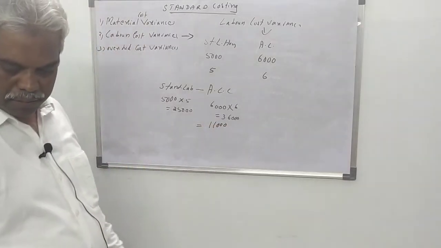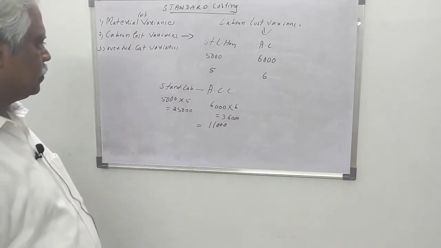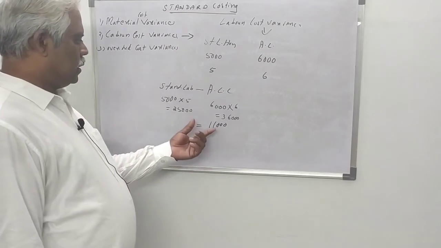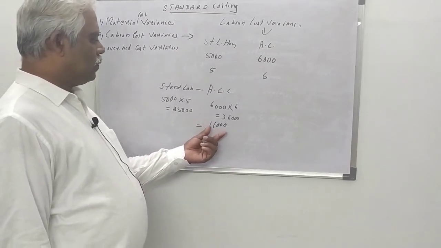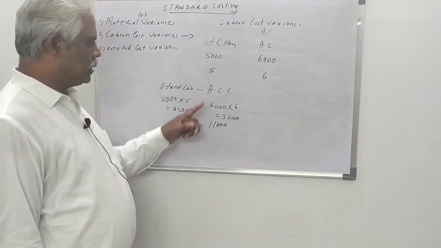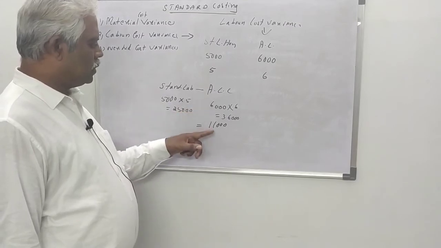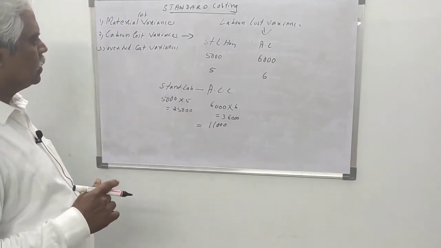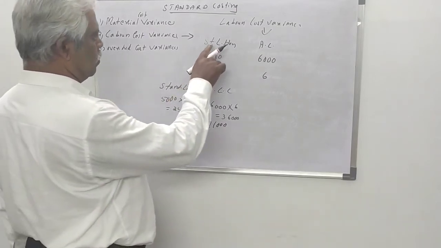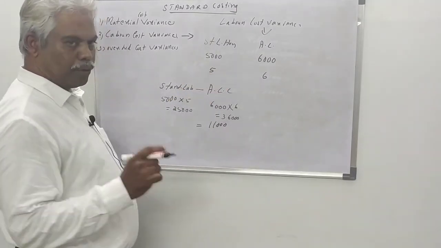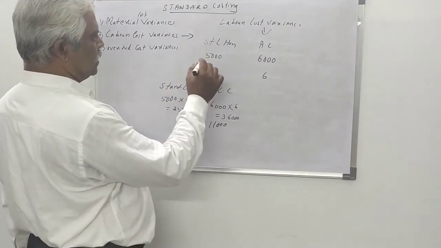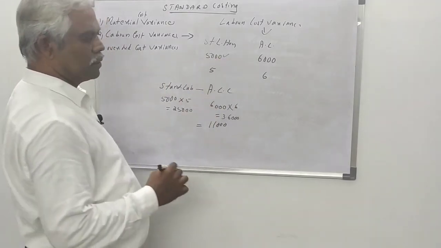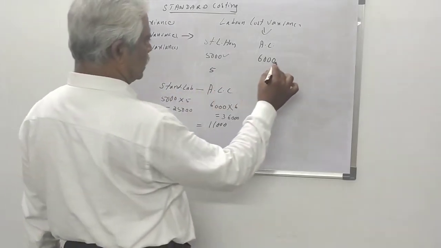In the next step, we have to analyze the reasons for this labor cost variance. By looking at this example, we know that standard labor hours are 5,000 and actual labor hours are 6,000.